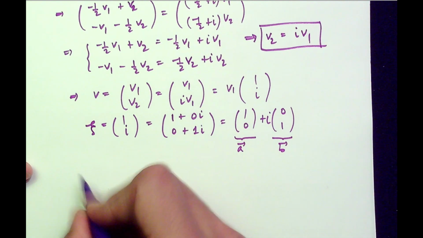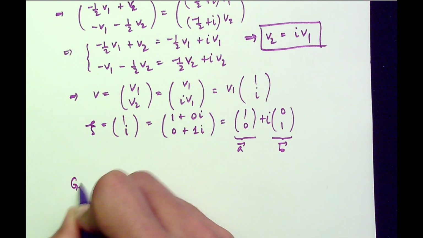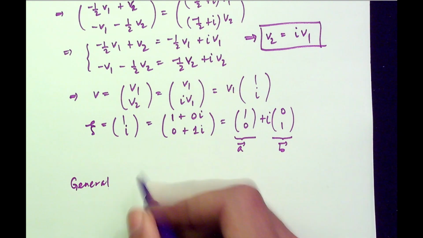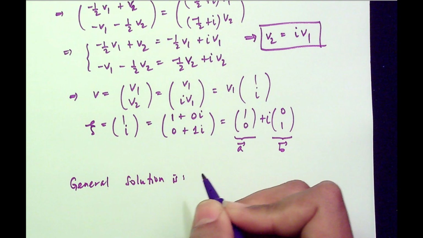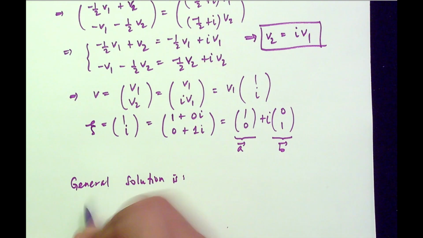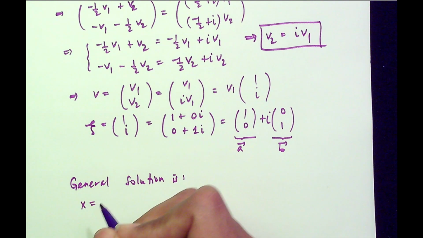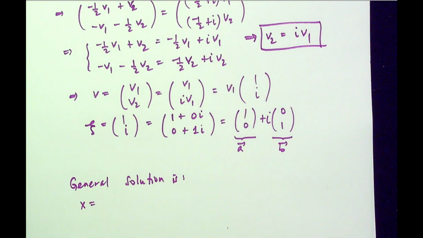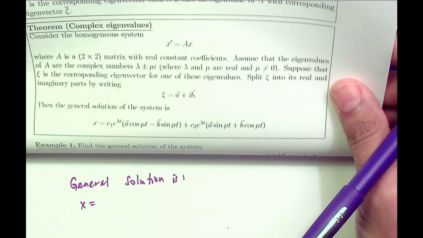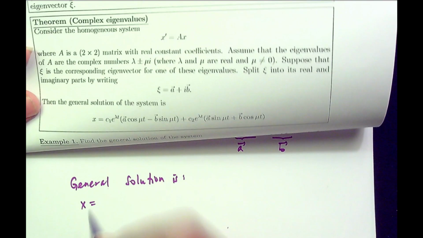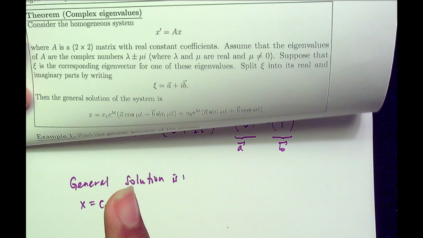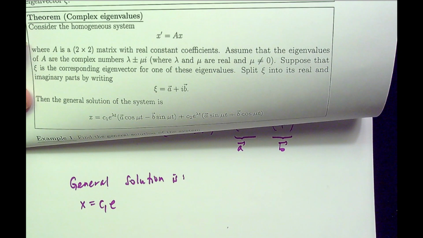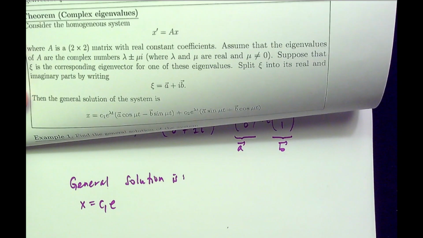All right, so now we're ready. The general solution is x equals, and here's the formula, x equals C1 e to the lambda. And remember, the lambda in the theorem is not the eigenvalue. The lambda in the theorem is the real part of the eigenvalue.